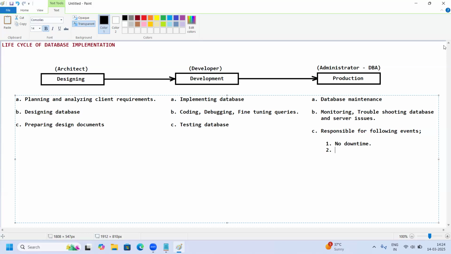Do you get that? That is the point. No downtime. And not only no downtime, it is clearly mentioned that there should be no data loss.